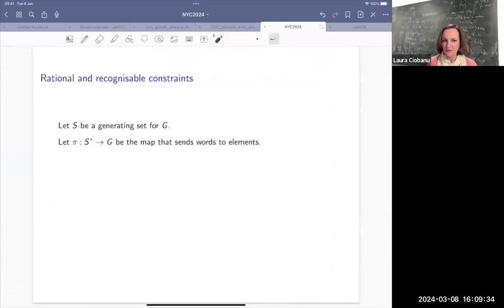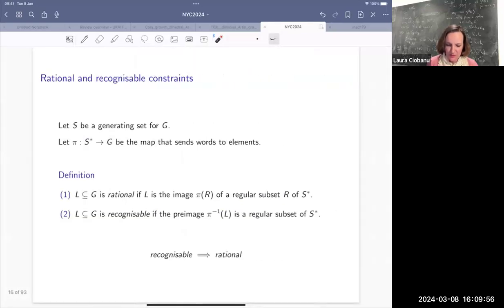So what is regular versus rational? They are essentially the same if you're in free groups or in free monoids, but we are going to look at groups beyond the free ones. So if you have a group given by a generating set S and the usual projection from words to elements, then I will say that a set of elements in my group is rational if it is the image of a regular set.